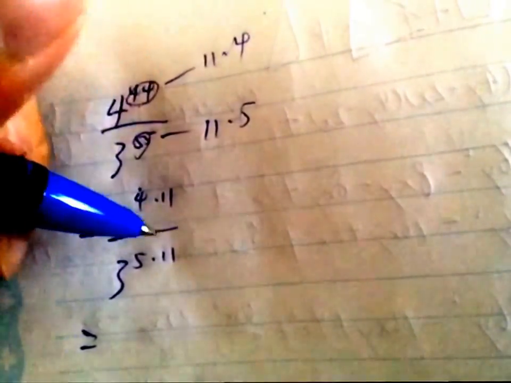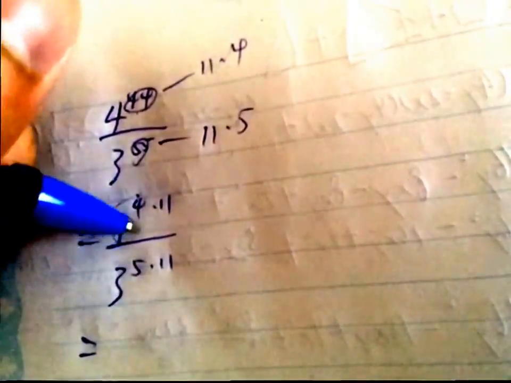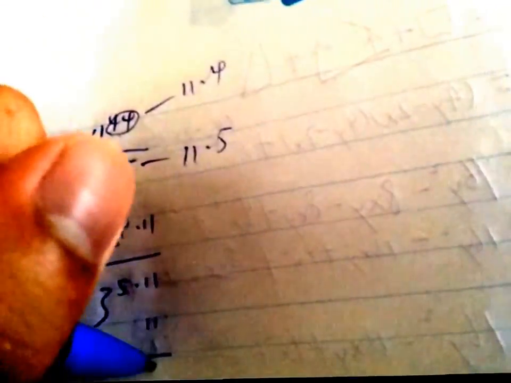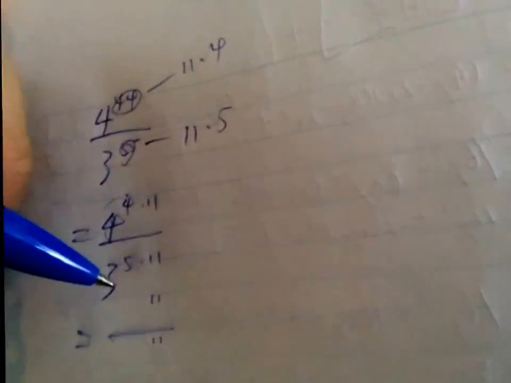If we have 4 to the power 4 and 3 to the power 5, we compare these two values, then we can know which one is bigger. So 4 times 4 times 4 times 4, it's 16 times 16, so it's 256. And then 3 times 3 times 3 times 3 times 3, that means it's 9 times 9 times 3, that means it's 243.